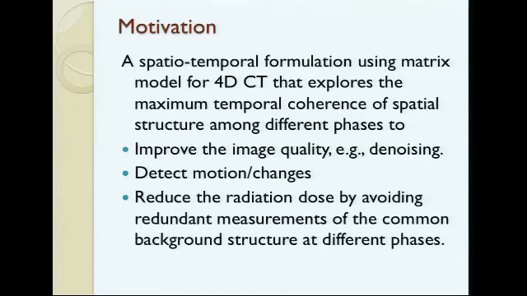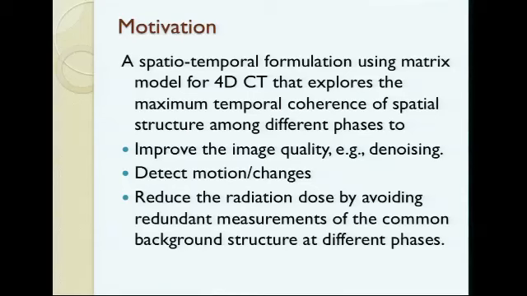So there is a lot of coherence in space and time, and hopefully, if you can utilize that, you can improve the image quality, like remove the blurring and the noise, and detect the motion and changes.